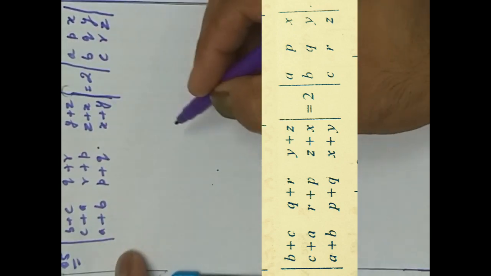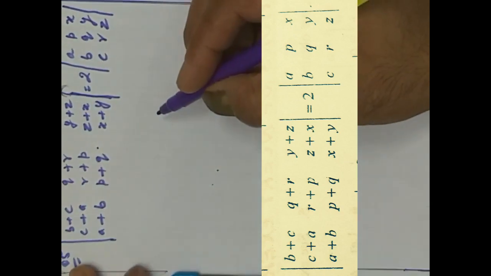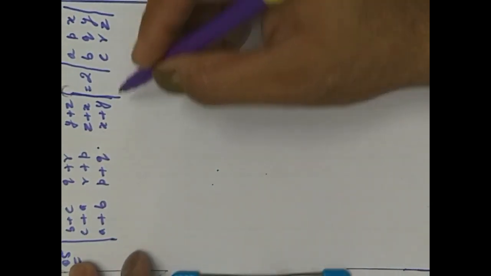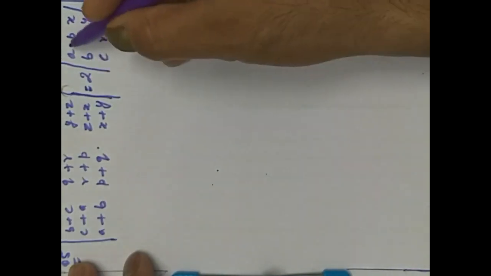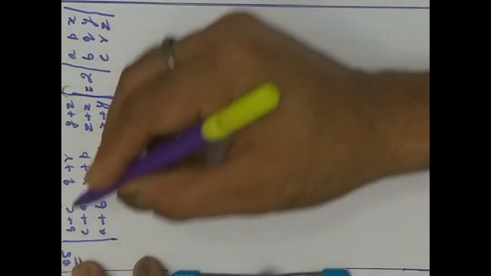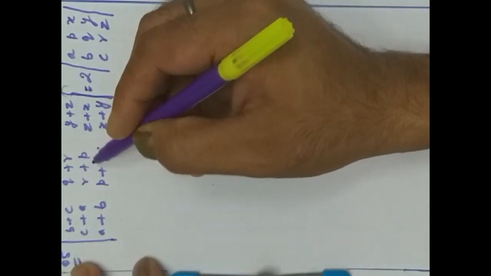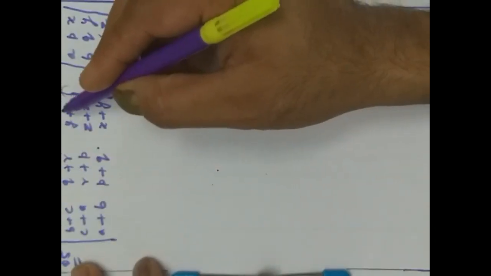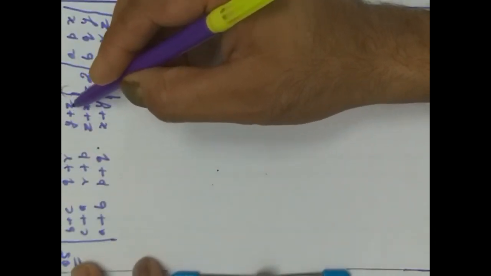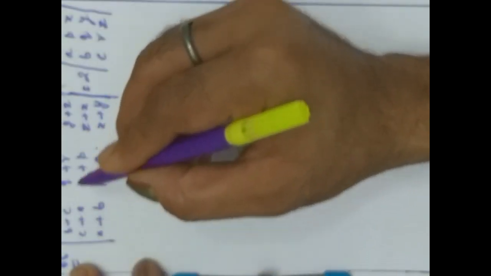So it looks very complicated, but while solving and using the properties of determinant, it will be very easy. Now look here, we are keeping the right hand side as twice of A, B, C. A is always there, so we don't need B and C in the first row, and we need P, so we don't need Q and R, and similarly we need X, so we don't need Y and Z. So R2 and R3 have to be eliminated from R1.